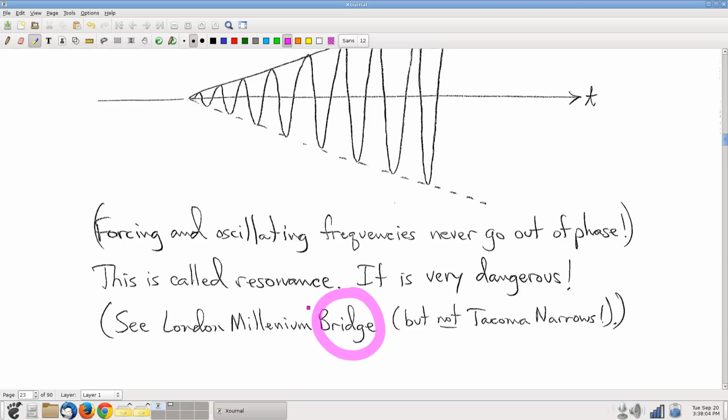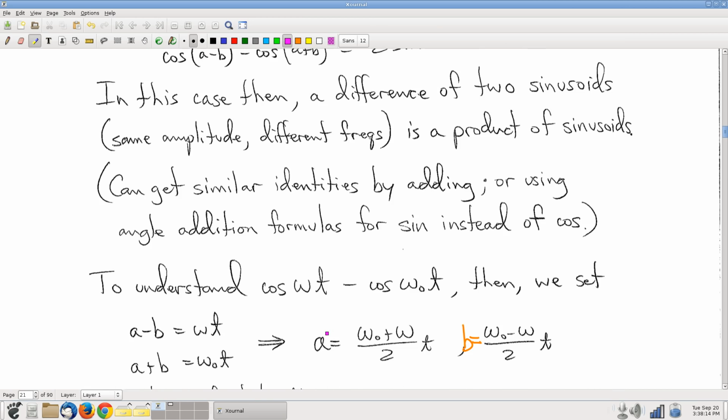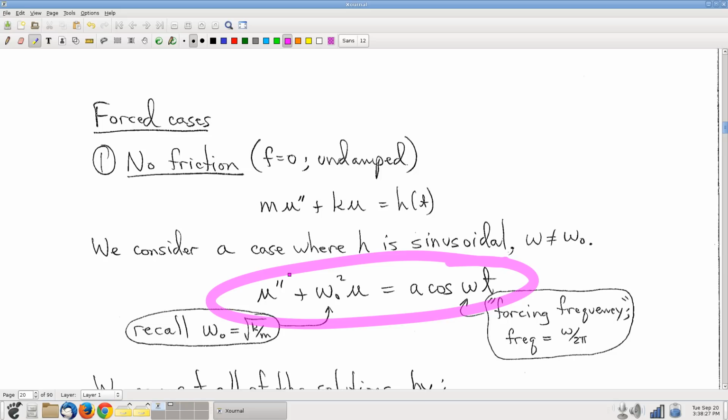And we might not be applying exactly sinusoidal forces to it, but we might be applying periodic forces to it. So in fact, this is, not exactly of course, but qualitatively at least, a reasonably good model for the behavior of a bridge when there is some sort of a periodic force applied to it.